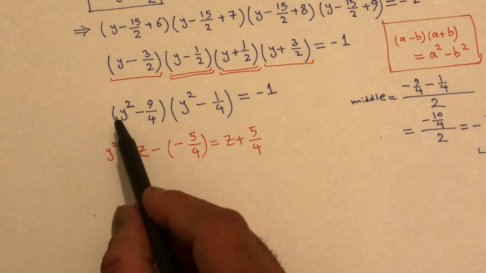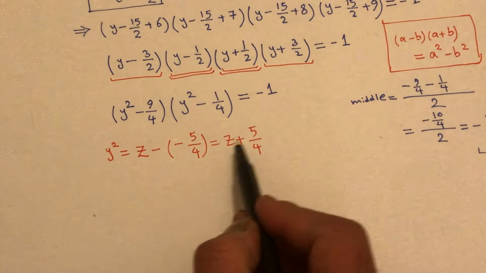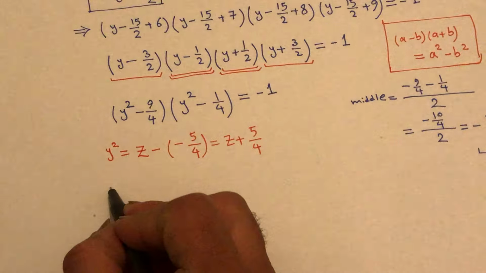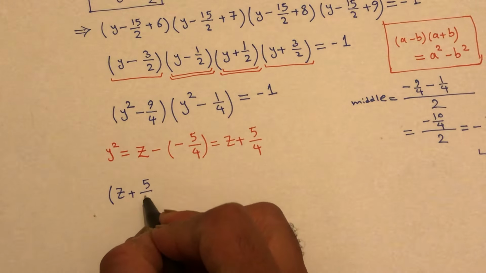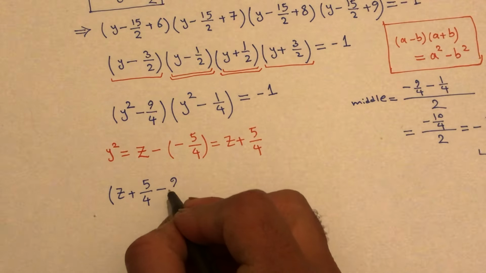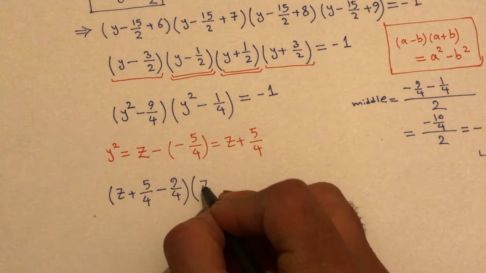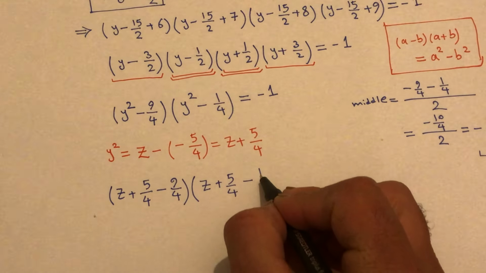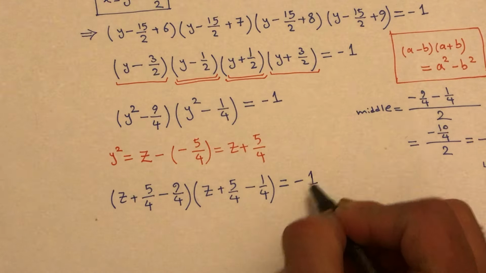Okay, here I can replace y squared with z plus 5 over 4. Z plus 5 over 4 minus 9 over 4, and z plus 5 over 4 minus 1 over 4 equals minus 1.